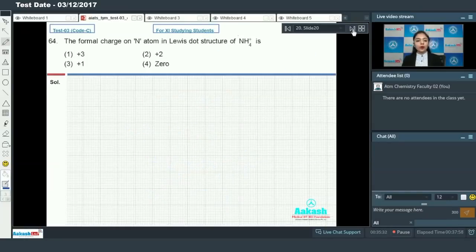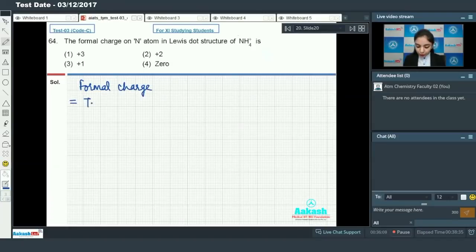So moving on to the next one now, we have question number 64, which is related to the formal charge. So the formal charge of nitrogen atom in Lewis dot structure of NH4 plus is. So first of all, how do you calculate the formal charge?